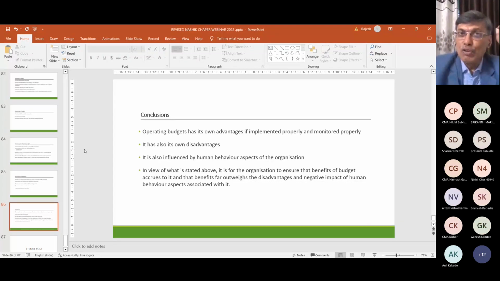Justification for any resources has to be absolute justification without any reference to the past period. Once you refer to the past period, it becomes an extrapolation. So that justification has to be the absolute justification that these resources are required to be incurred for sustainable production and sustainable sales.